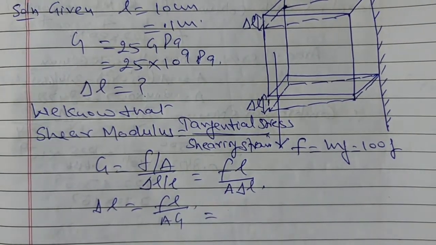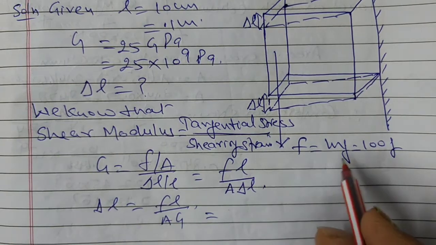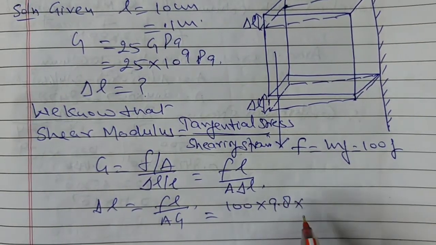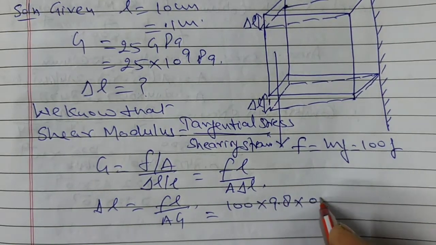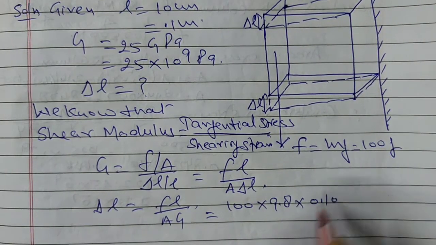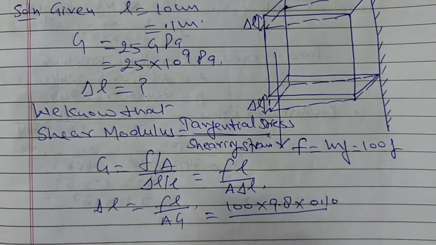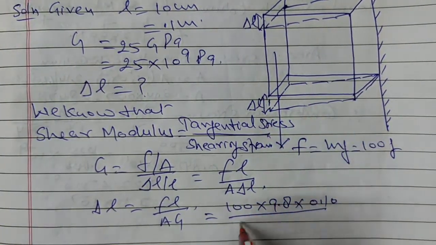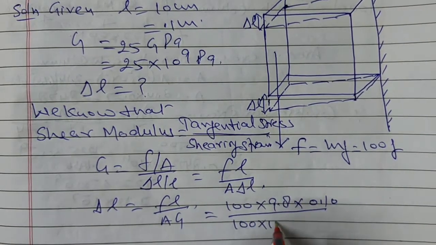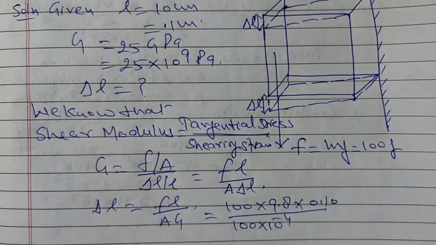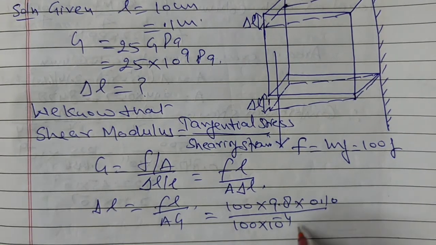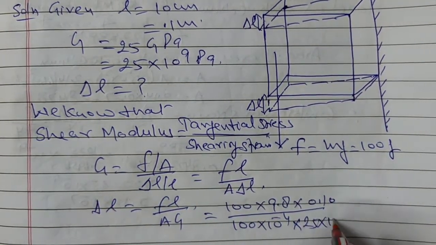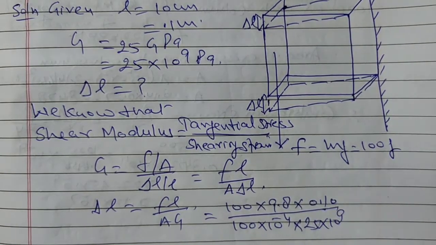Now on putting the values, F is equal to 100 into 9.8, length 0.1, and area is how much? 10 into 10, this is 100 into 10 to the power minus 4, converting centimeter to meter, and G is 25 into 10 to the power 9.